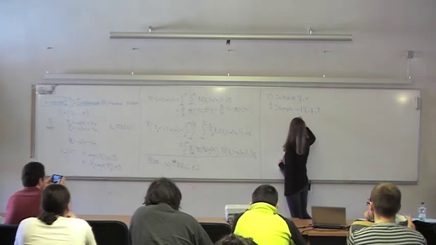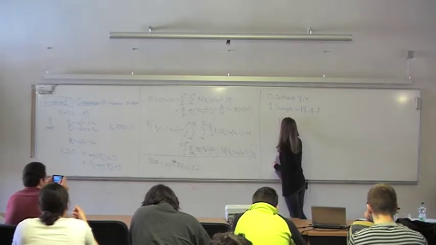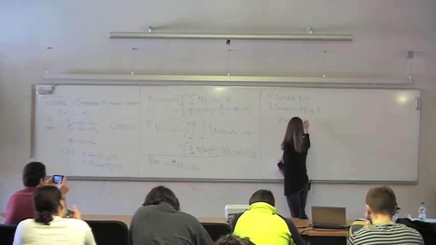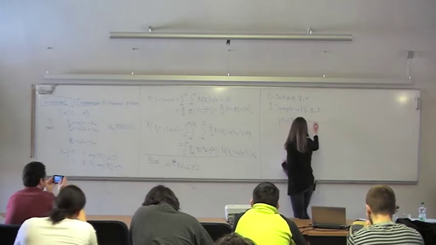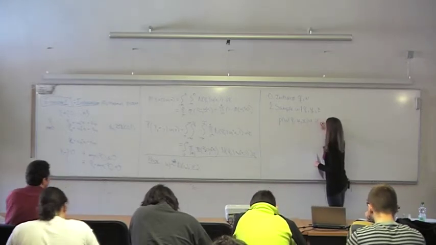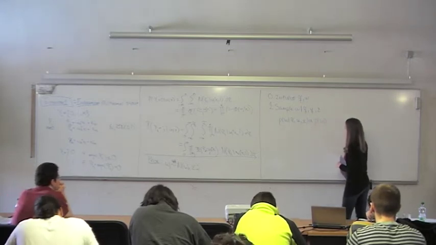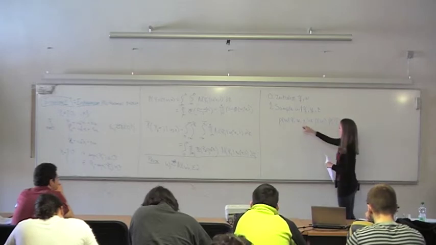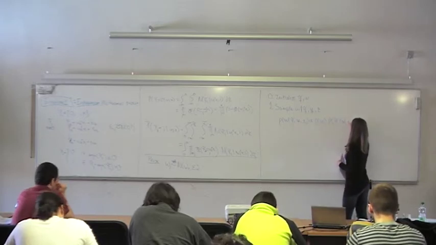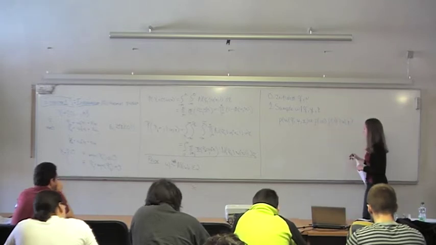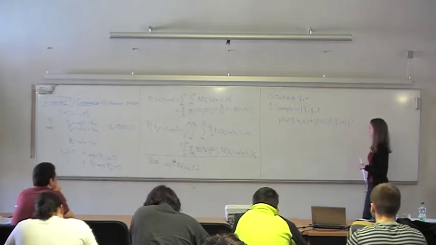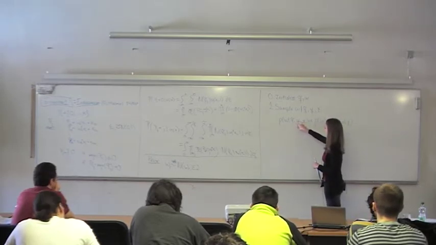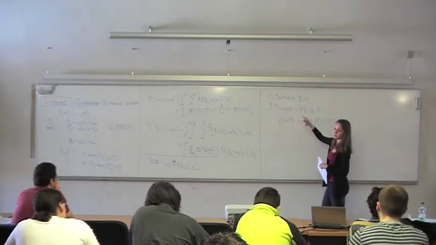Let's calculate what the posterior of w is. The posterior of w is proportional to our prior on w and the likelihood of y given the w's and x, the latent y's. Because our observed y's given the latent y's is just deterministic.